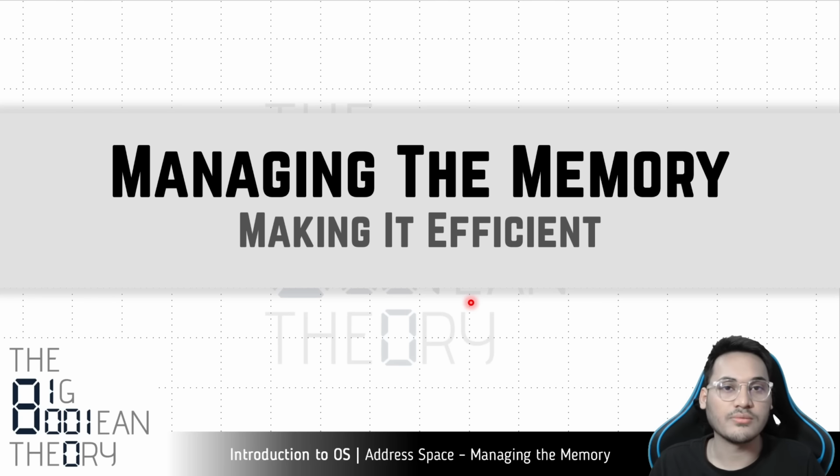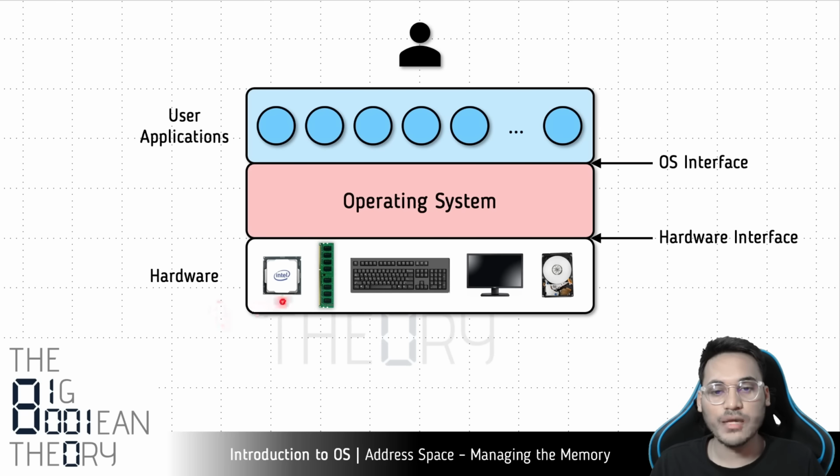So this is the compute stack, and as you can see, there are several user applications in the computer system. Each of these user applications will be processing some data by executing some instructions, and these data and instructions have to be stored somewhere while the CPU is working with them, and that somewhere is the memory.